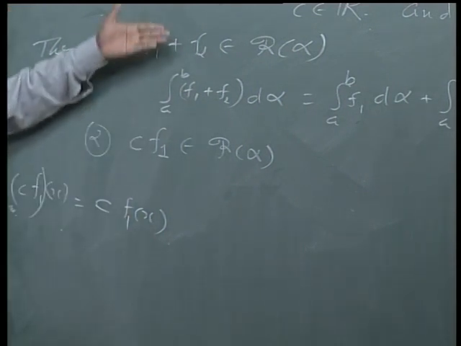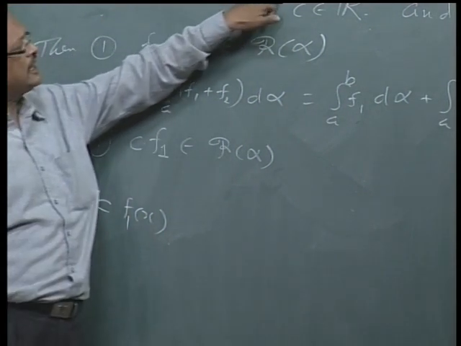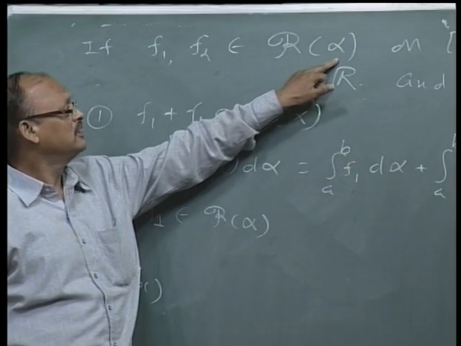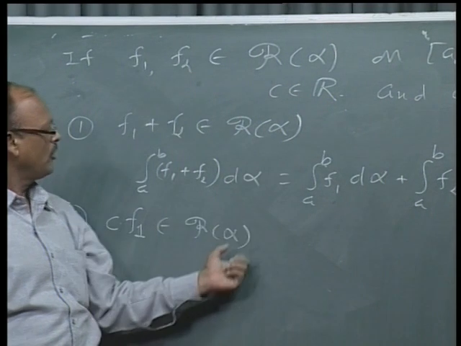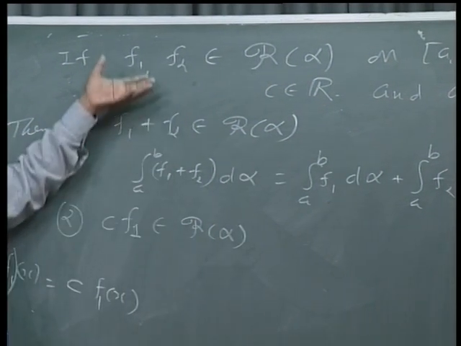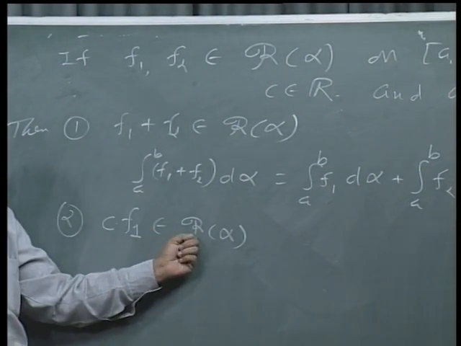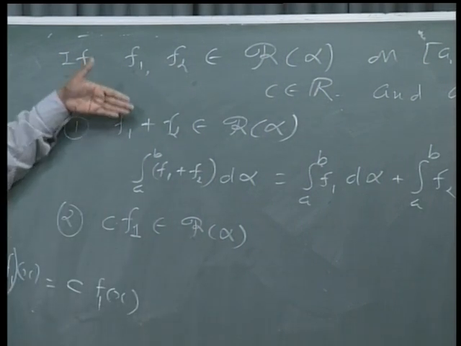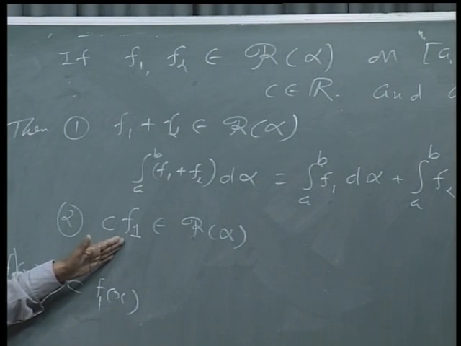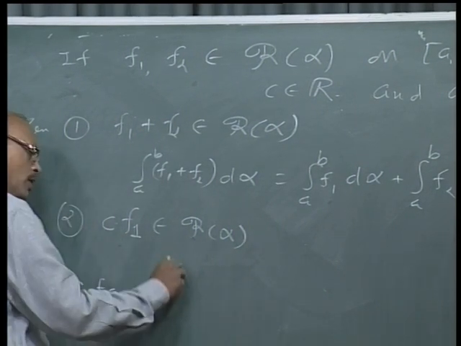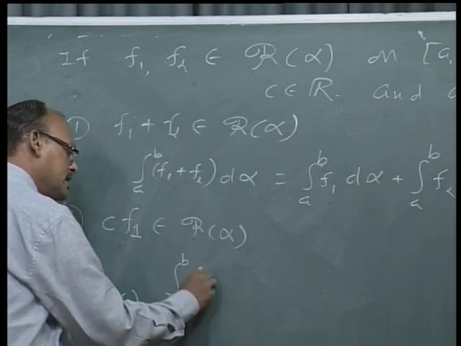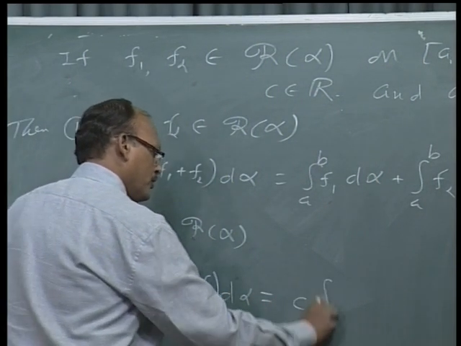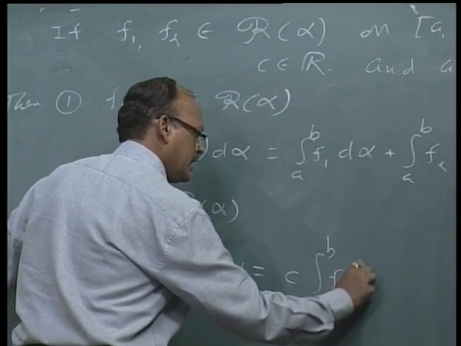By means of this, we can say that R(alpha) is a vector space under these linear operations over the reals. And the integral from a to b of c f1 d alpha is equal to c times the integral from a to b of f1 d alpha.